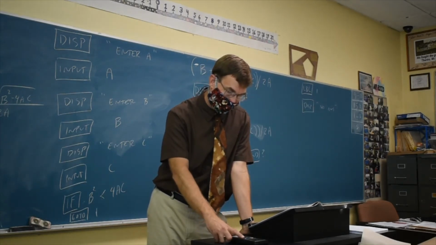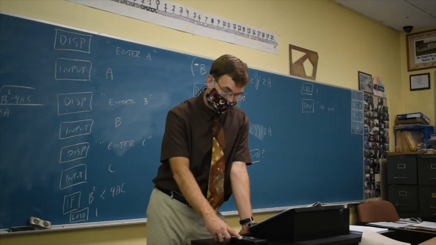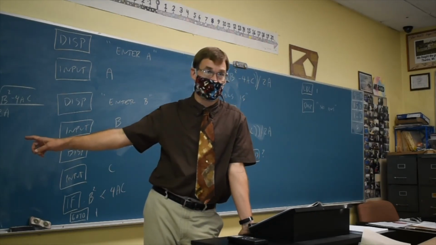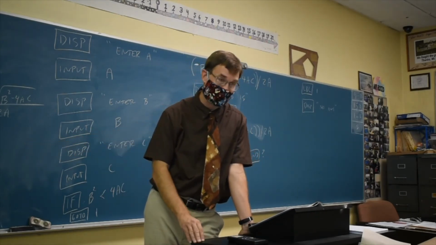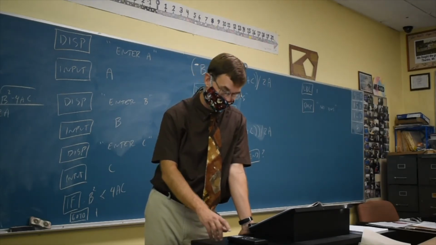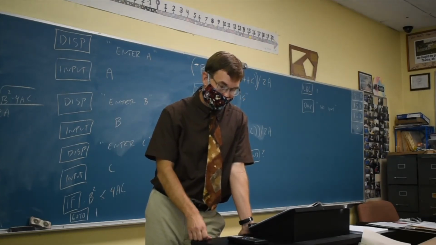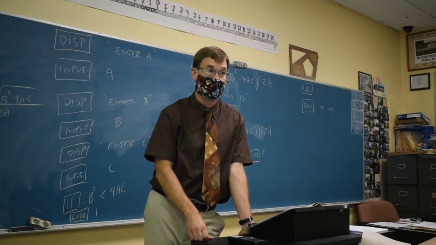When you hit the program button, you have three choices, all of which you're going to need to do at one time or another. When it's all done and it's time to let your machine do some work for you, you're going to want to choose execute. We can't do that yet. We have nothing to execute, but that's what that first tab is about, executing your program. If you go over to edit, you will later need to edit this because we're probably not going to do it all in one sitting.